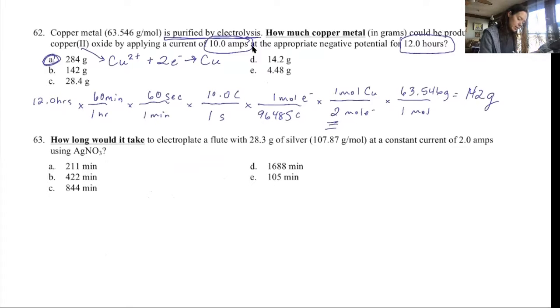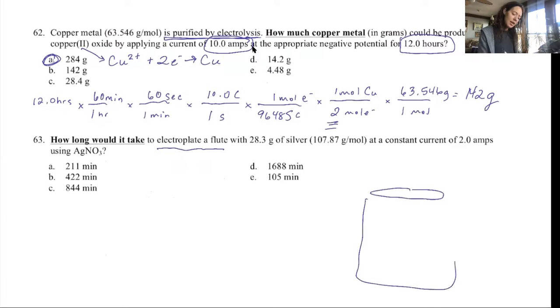How long would it take to electroplate a flute? So this time, think that you have a solution here, guys. And in this solution, you have silver. And you put that flute into the solution, all right? And you run a current through it. And it causes the silver to be reduced into silver solid.